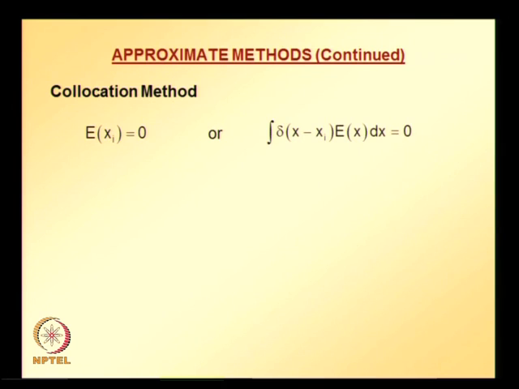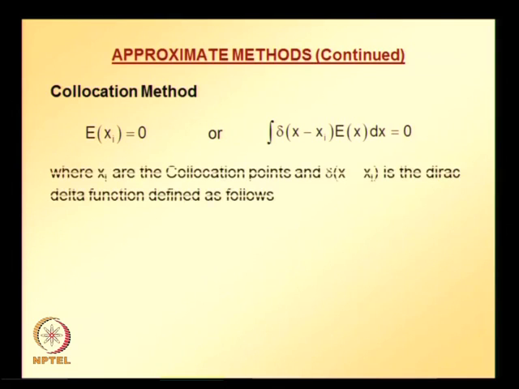integral of Dirac delta function times residual, where the Dirac delta function is delta x minus xi, or this integral is the same as the residual evaluated at x is equal to xi, where xi is the collocation point and delta x minus xi is the Dirac delta function.